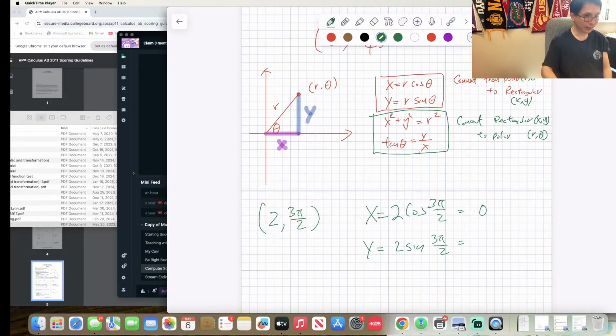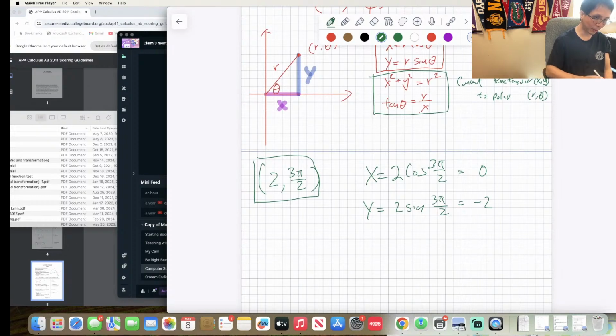What is sine of 3π/2? -1, so it'll be -2. So 0 comma -2. If I ever want to change this to rectangular, that's going to be (0, -2).